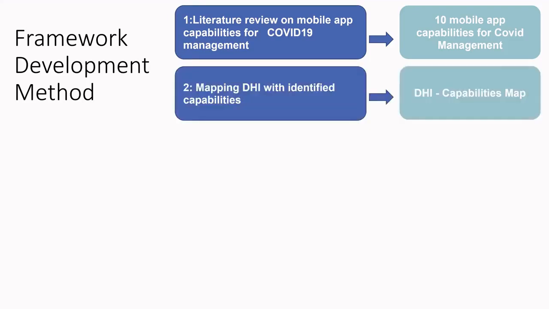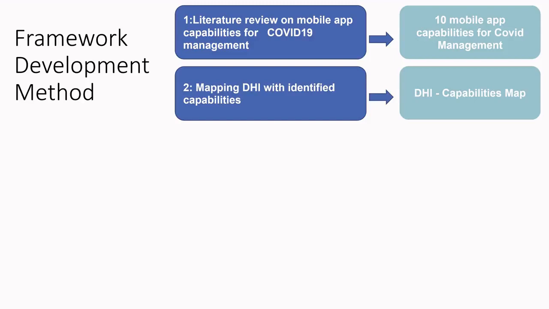The second exercise we did was to map these capabilities to digital health interventions. I'm sure you are aware that the WHO published the digital health intervention document in 2018. They mention the different interventions we can provide to different stakeholders, to support their day-to-day activities, like healthcare providers, clients, health administrators, and data services.